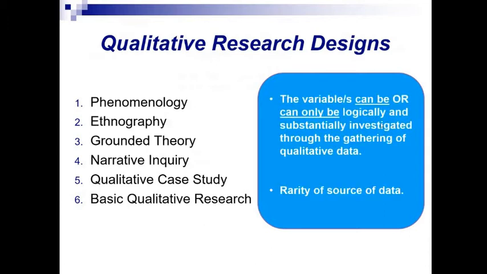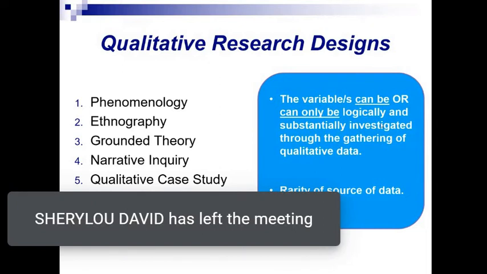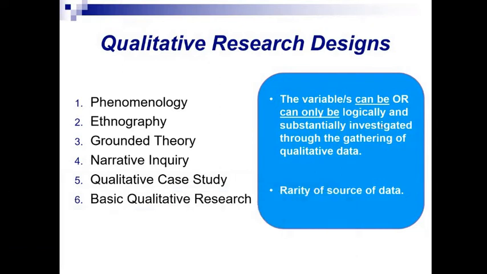So this is where we realize that, again, there is no single way of analyzing the data, because the type of analysis depends on the type of research design that we implement in a qualitative research.